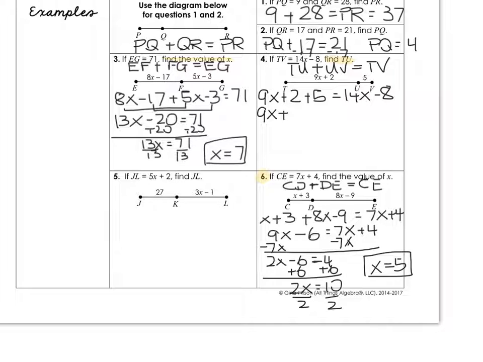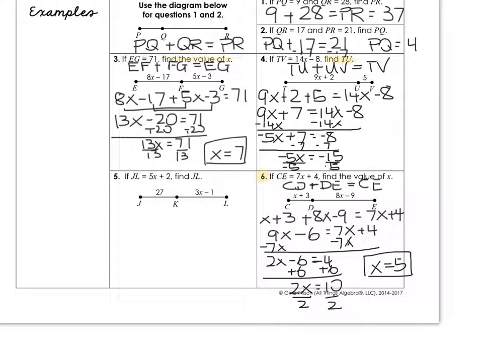Combine like terms, 2 plus 5 is 7. Subtract 14x from both sides. Subtract 7 from both sides. Negative 8 minus 7 is negative 15. Divide by negative 5.